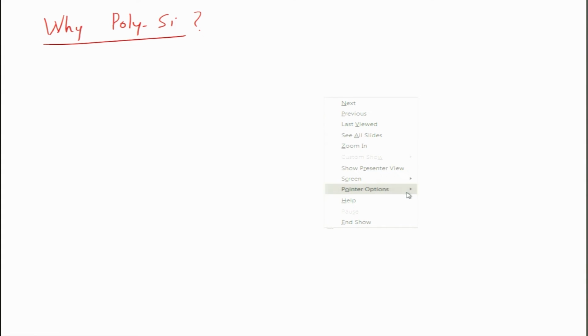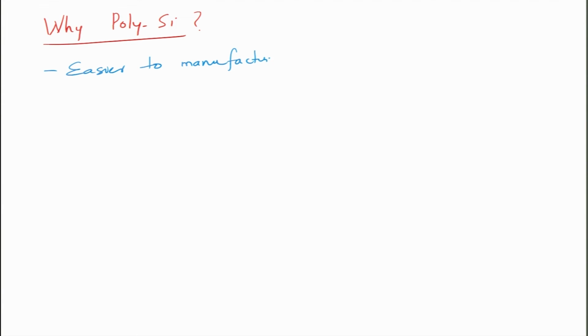We use polysilicon because, one, it is easier to manufacture, because of less energy intensive manufacturing. Single crystals are always difficult to make because dislocations are not easy to get rid of. So, you need to do solidification extremely slowly using the Czochralski method or float zone method, which are very slow processes of solidification.